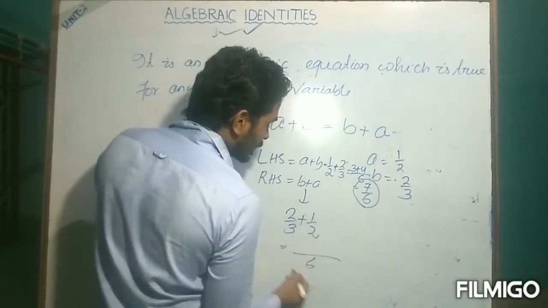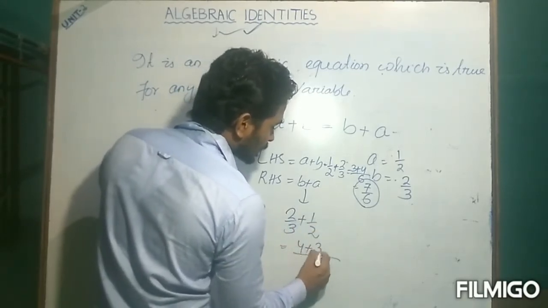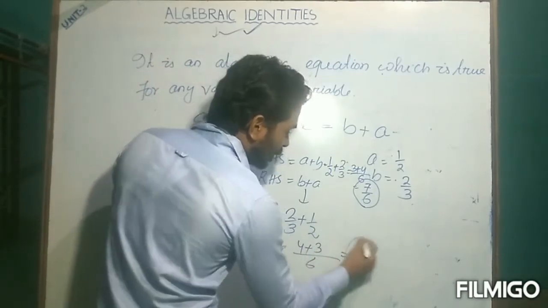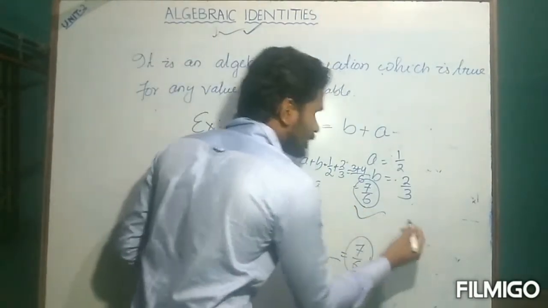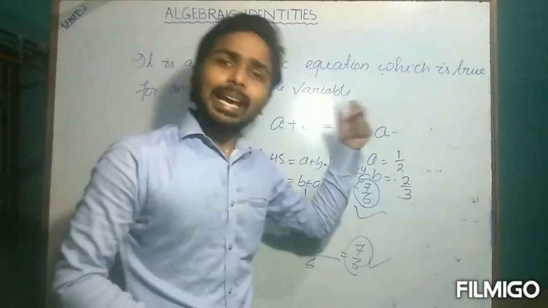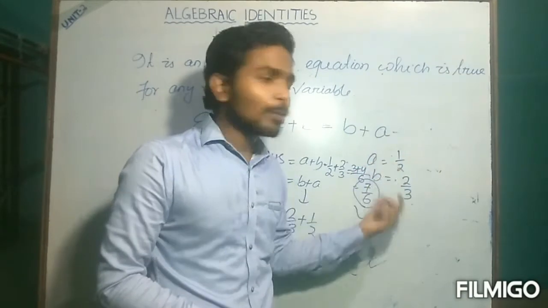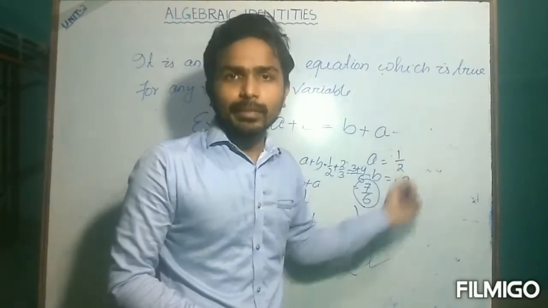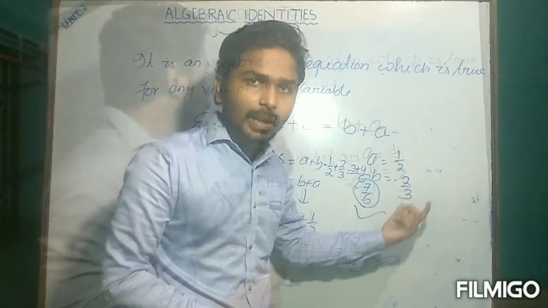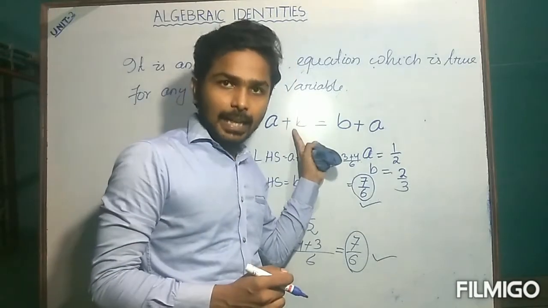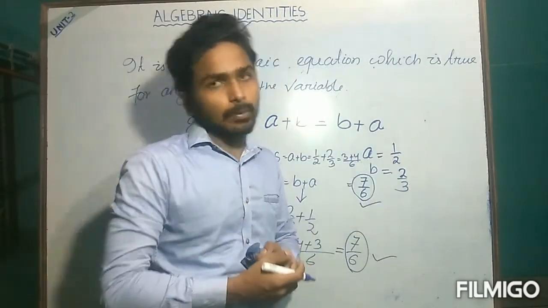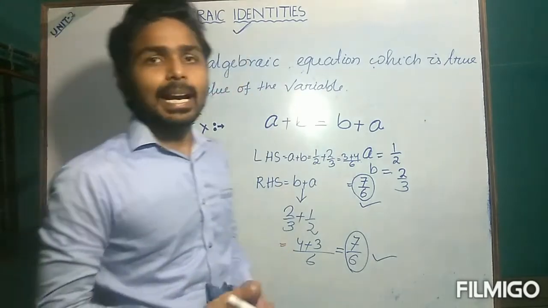With LCM 6, that is 4 plus 3, and here you get the value of RHS is also the same as the value of LHS. That means if we put any value of the variable, a to be 1 by 2 or b to be 2 by 3, or a to be any value and b to be any value, then both sides LHS and RHS are equal, and it is known as an algebraic identity.